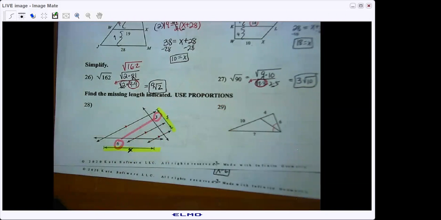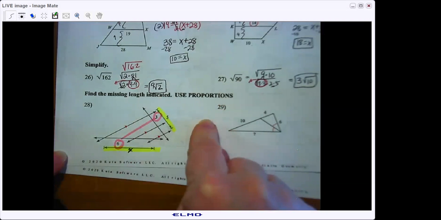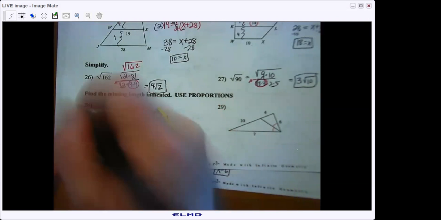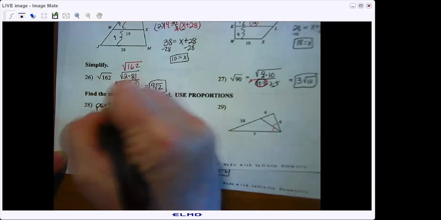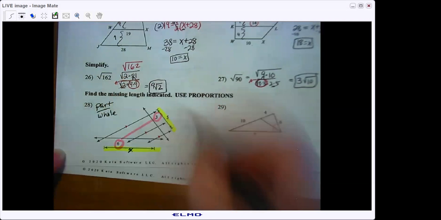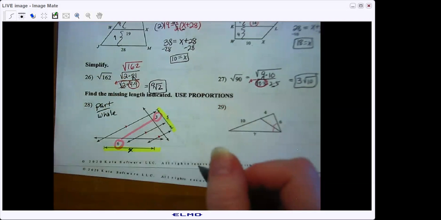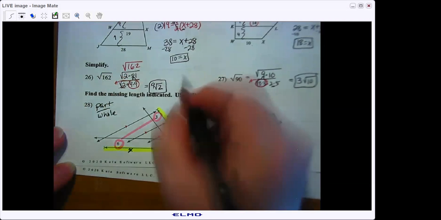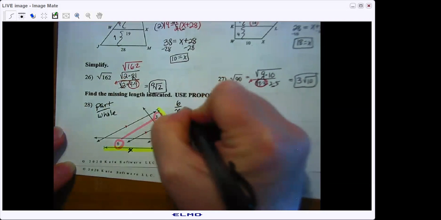The key here is being consistent. If I'm going to use this part of the side, then I need to use its corresponding part over there. If I'm going to use the whole side here, I have to use the whole side there. So here's where it would be a good idea to use part to whole. If I use 6 over X, what would the other side look like?